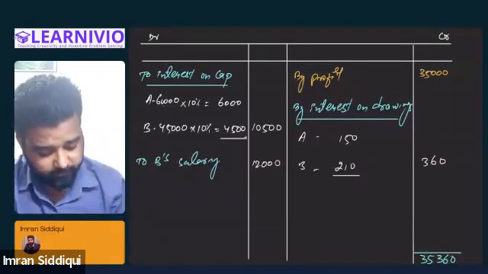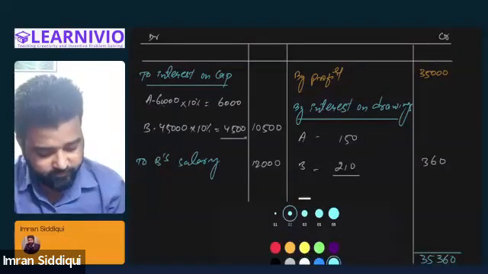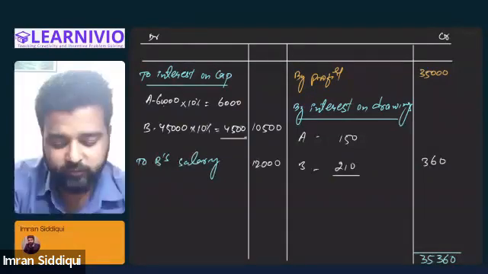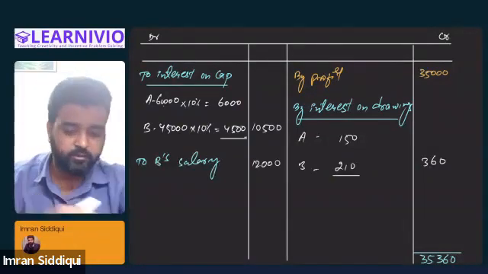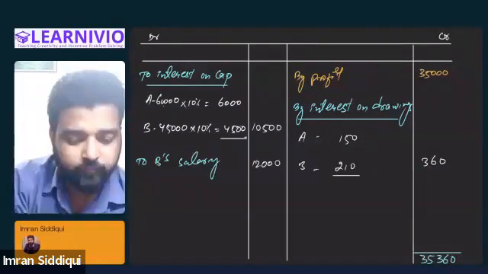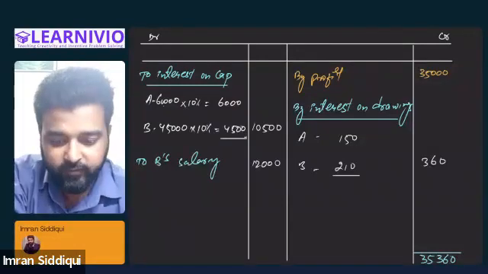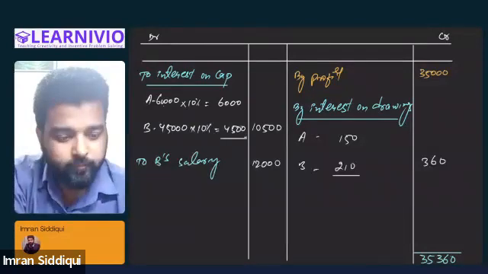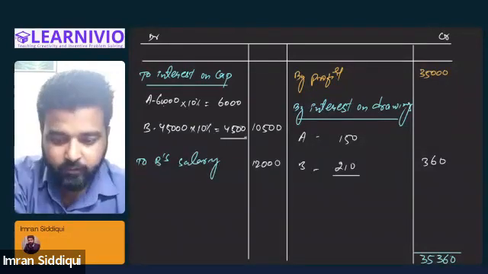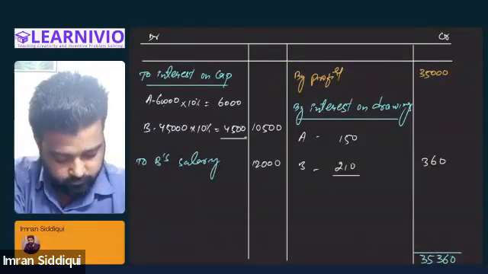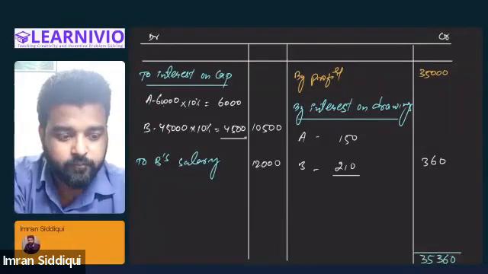And on the debit side, we have these values, 10,500 and 12,000. Subtracting both of these out of 35,360, what amount will we get? Let me know the divisible profit, both of you. 35,360 minus 10,500 minus 12,000.